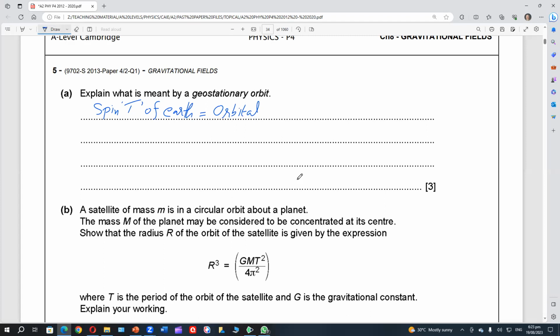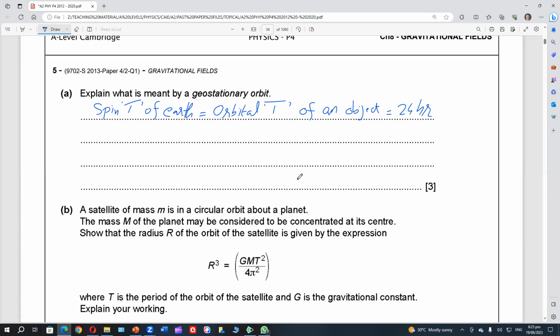The spin time period of the Earth becomes the orbital time period of the satellite. This is called geostationary orbit.